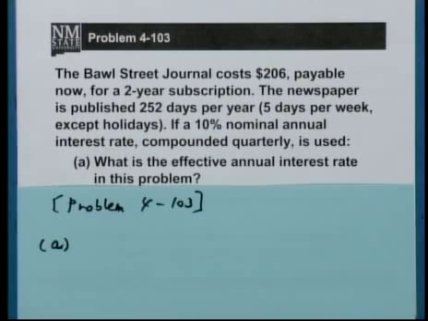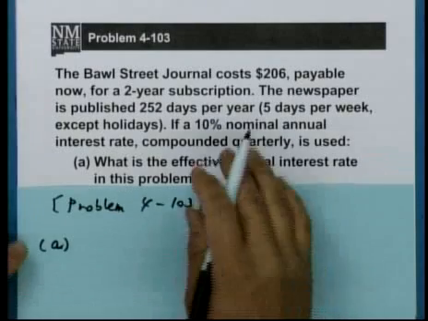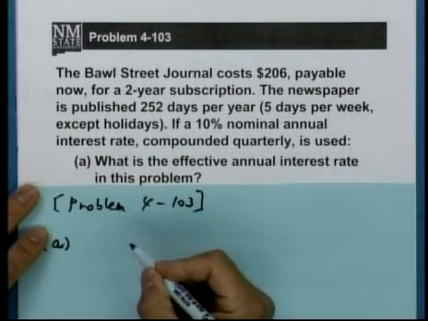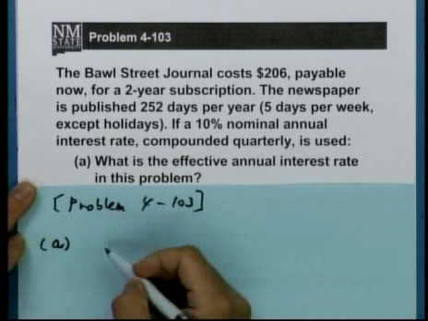Okay, so the 10% nominal annual interest rate compounded quarterly, right?